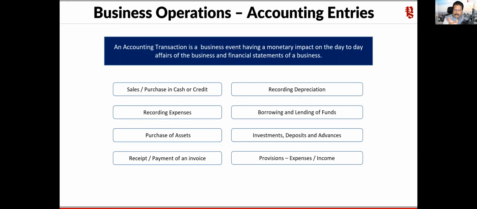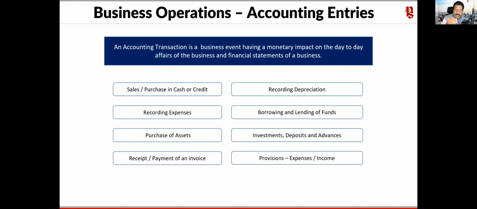Now, 1 day makes the difference between 1 year. So this is a very interesting thing. I mean, we all know this. 31st of March and 1st of April are two financial years. 1 day makes the difference in switching from one financial year to another.